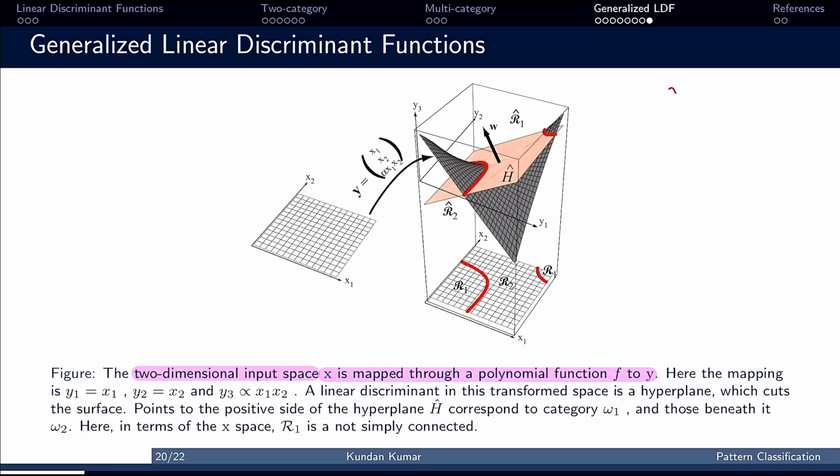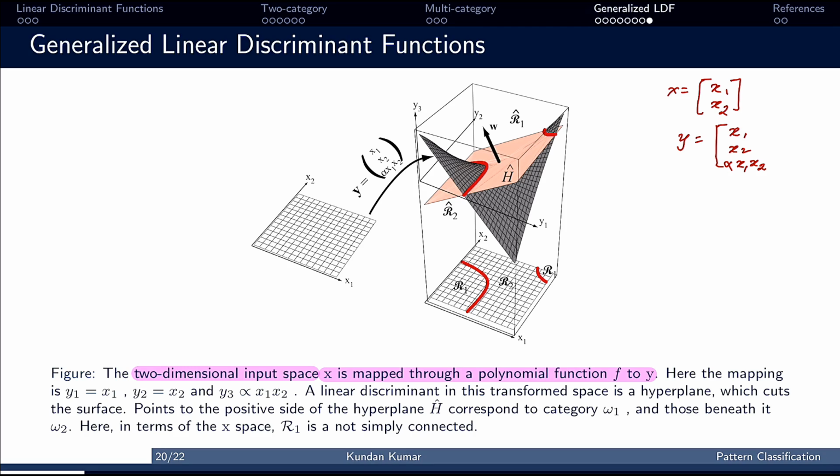So, here we have the input feature vector x1 and x2, and from this a polynomial function y is created, which is a function of these input feature components: x1, x2 and the multiplication of these two feature components.